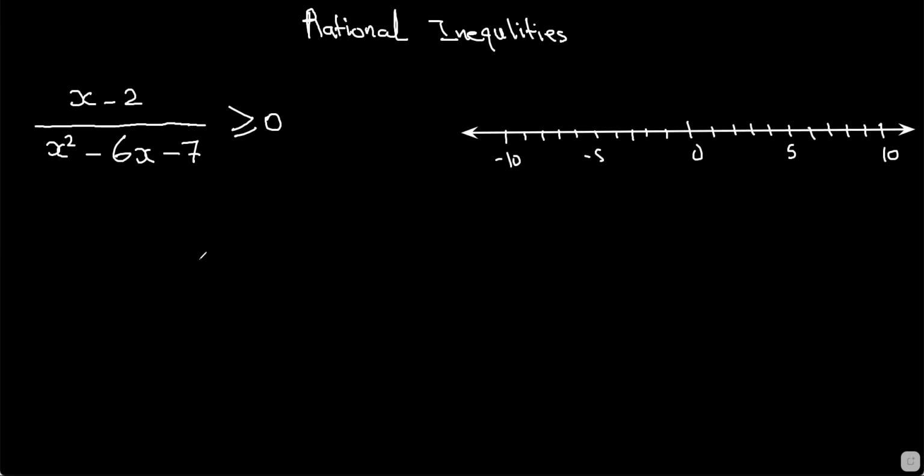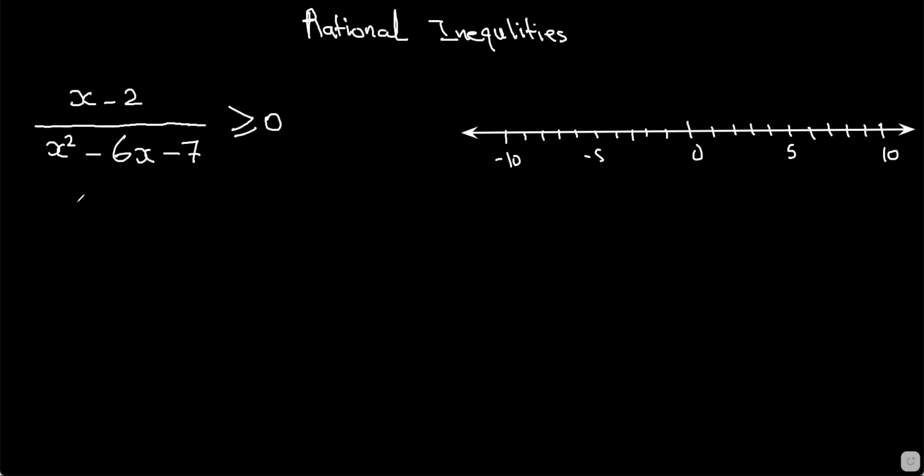Now, the best way to do this, first of all, is to find your non-permissible values and your x-intercepts. How do we find the non-permissible values? We find them by factoring the bottom.